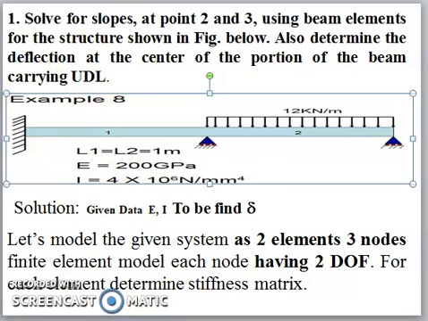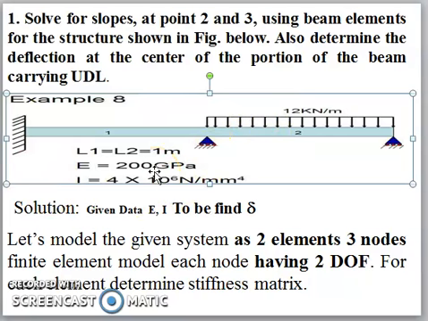Now this is the given figure. Again you have to take two elements and three nodes, 1, 2, 3, element 1 and element 2. The length of element 1 is L1, and the length of element 2 is L2. Again you can draw the FEM model.